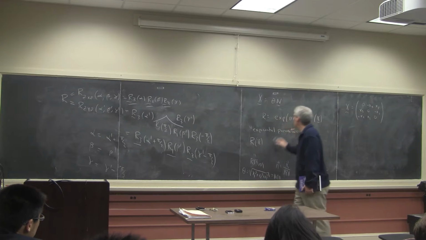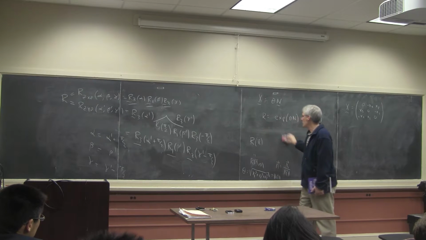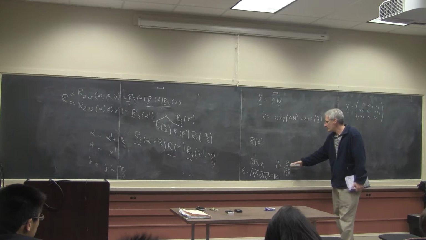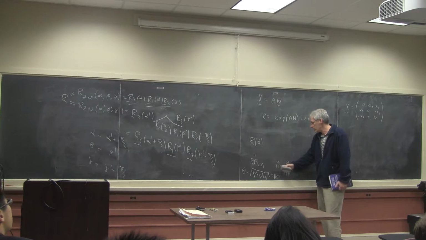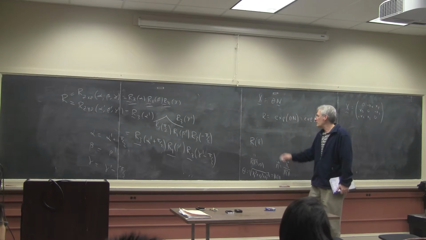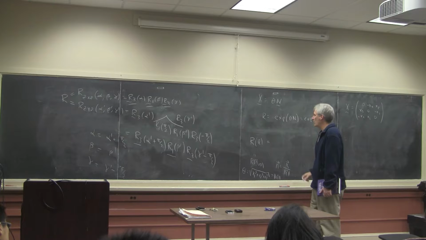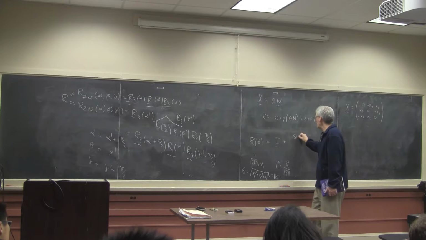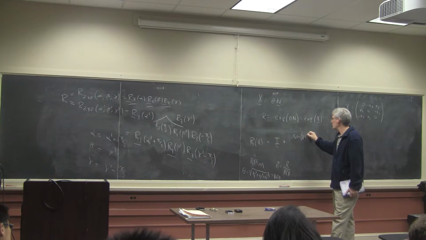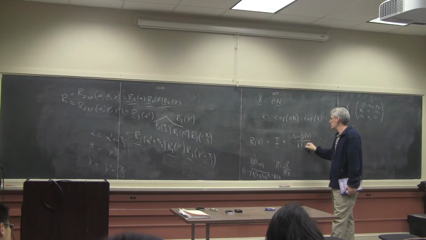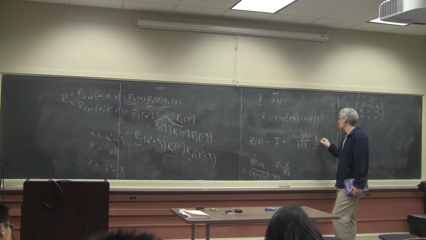But it turns out that if you take the formula for r of n and theta that I gave you, and you use these conditions, little n is equal to this, and theta is equal to this, then we can write r of x is equal to the identity plus sine of the magnitude of x divided by the magnitude of x times x.